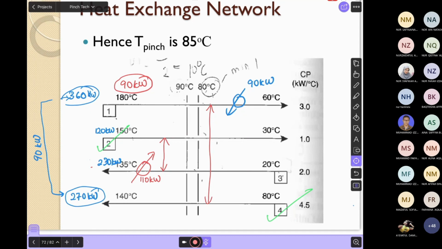So you can match another network which is from here to here. Sini ke sini. Saya buat yang merah lah. Boleh.